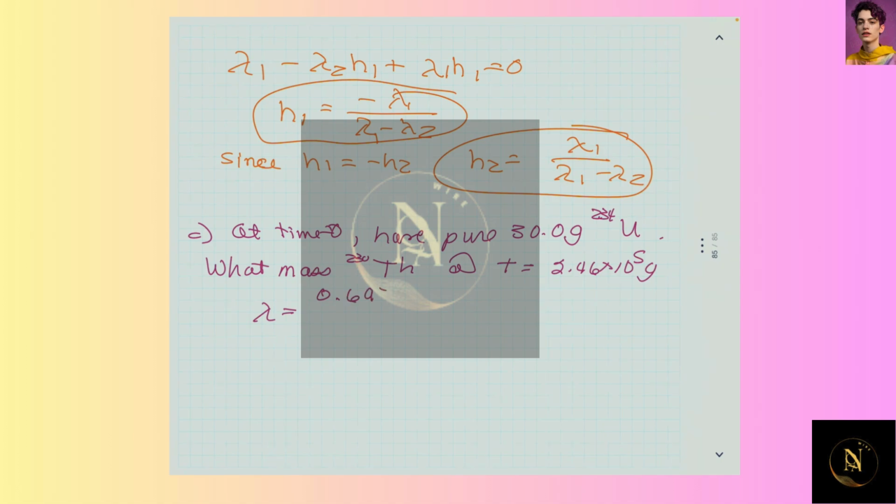Okay, so we've got everything written down here. So we know that our decay constant will be 0.693 divided by our half-life.